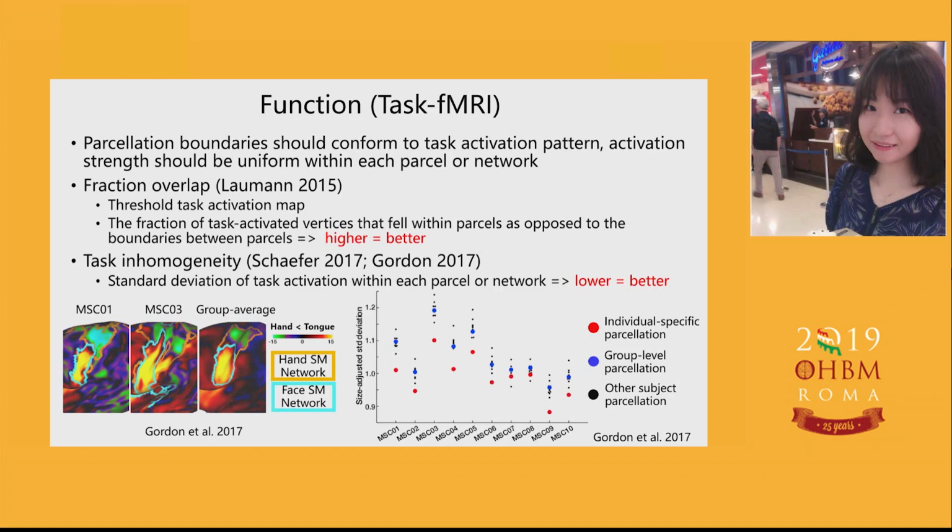The red dots represent the inhomogeneity of individual specific parcellation. The blue dots represent the inhomogeneity of the group level parcellation, and the black dots represent the inhomogeneity of other subjects' parcellations. So we can see that the individual specific parcellation has the lowest task inhomogeneity, which means that the individual specific parcellation has the best parcellation quality.